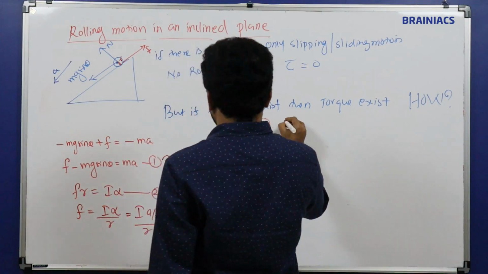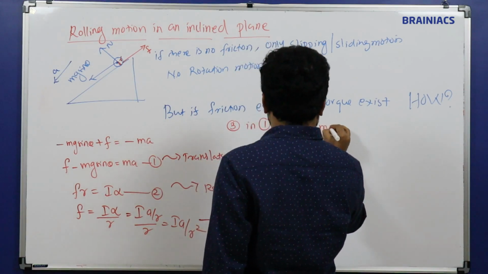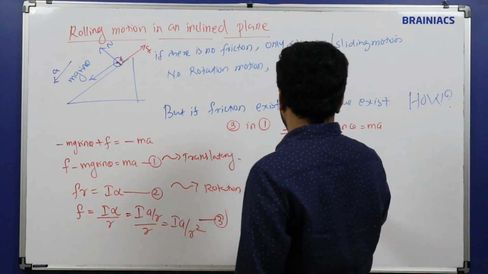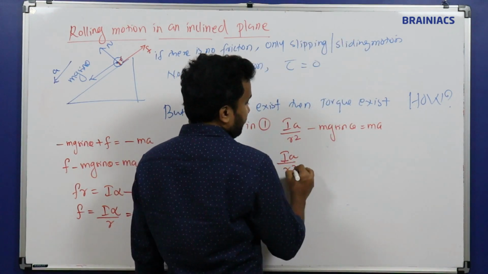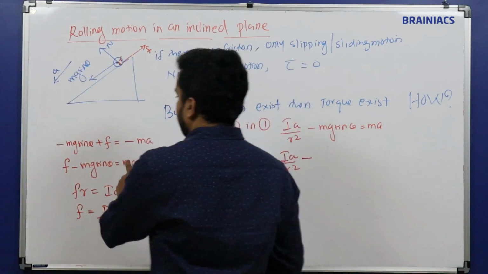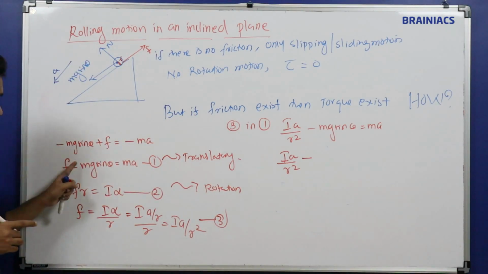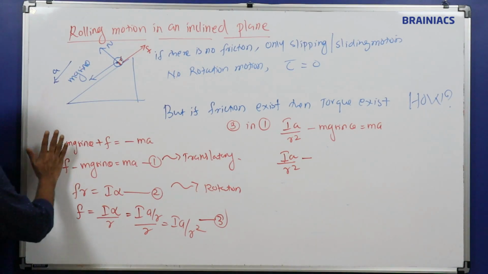So F is equal to I a by R square, minus mg sin theta, is equal to ma. All a terms taken to the common side. But if I multiply throughout with the minus, one problem will be here, right?